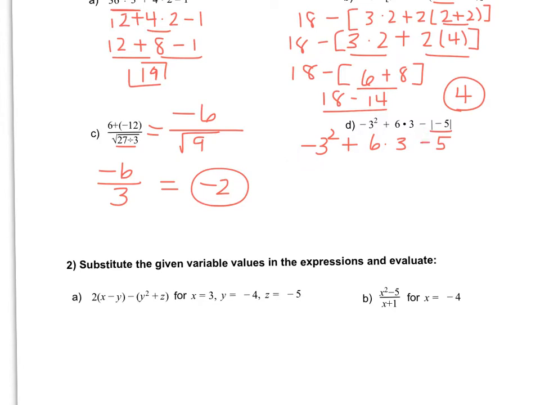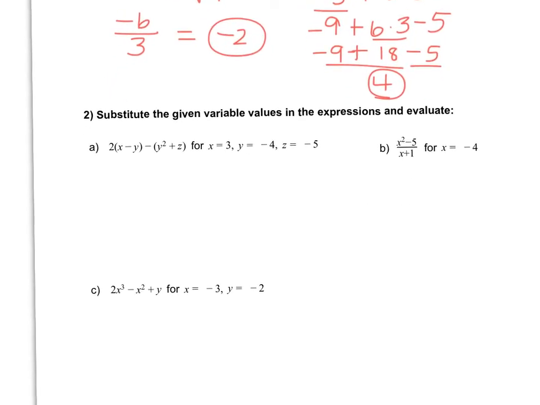So now I'm going to do negative 3 squared. So notice negative 3 squared is not in parentheses, so my answer is always going to be negative when it's not in parentheses, and 3 squared is 9. So now I'm going to do 6 times 3, which is 18. So negative 9 plus 18 is 9, and 9 minus 5 is 4.